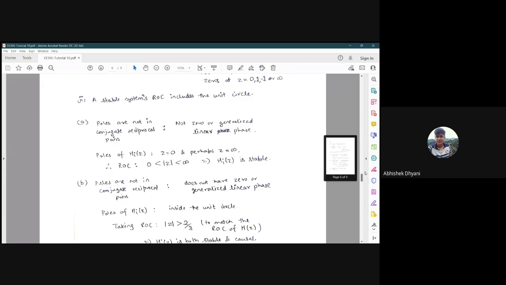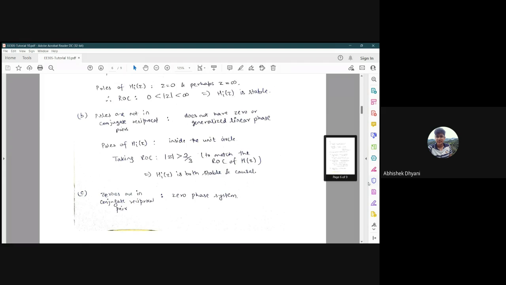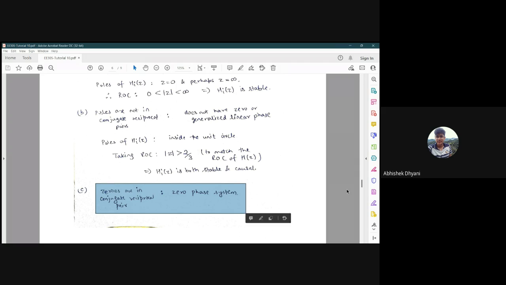For the third case, zeros are in complex conjugate reciprocal pairs, and there are no zeros at z equal to 0, -1, 1, or infinity. That's why it's not a generalized phase system, it's just a zero phase system. So that part is clear.